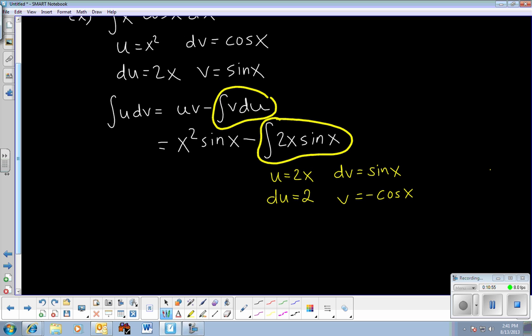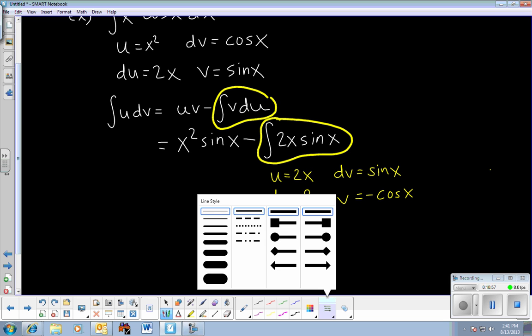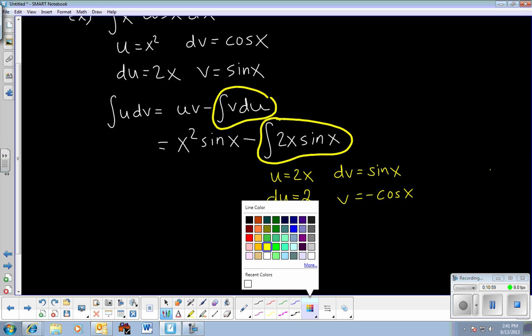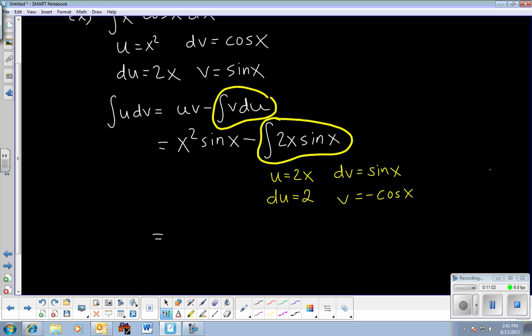Don't forget, when this happens, that your overall answer is still going to involve this first part. So we're going to get x squared sine x minus, also don't forget that this negative sign applies to everything that happens next. So use brackets, use space, be organized.